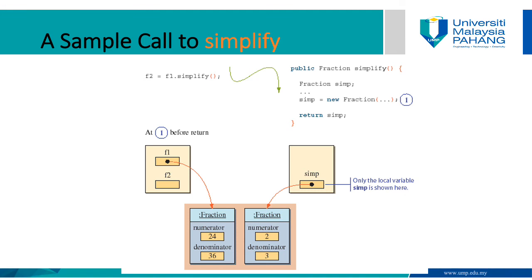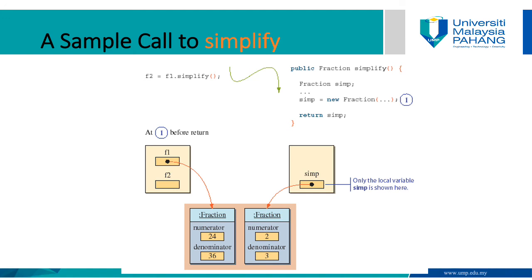How can we call the simp value, the simplify from the previous slides? This is how we're going to do it. As you know here, the public Fraction class will return the simp value. If it needs to be used in another class, like here, f2 equal to f1.simplify.